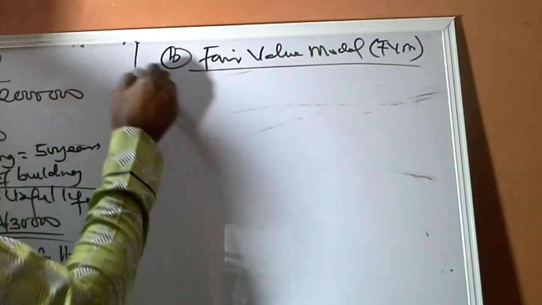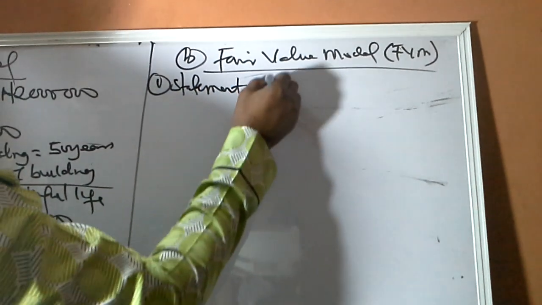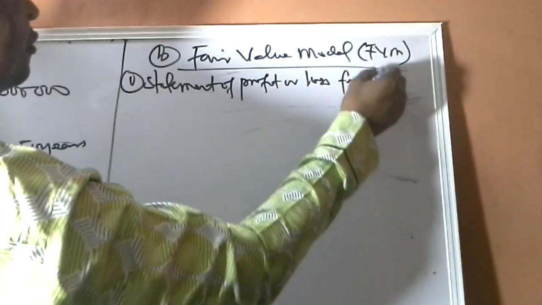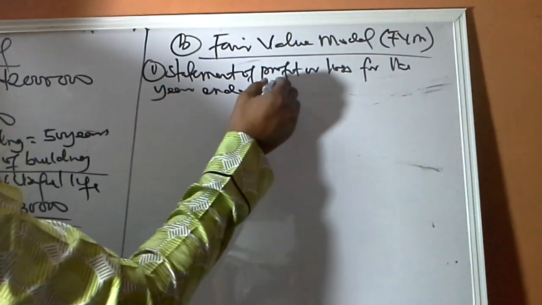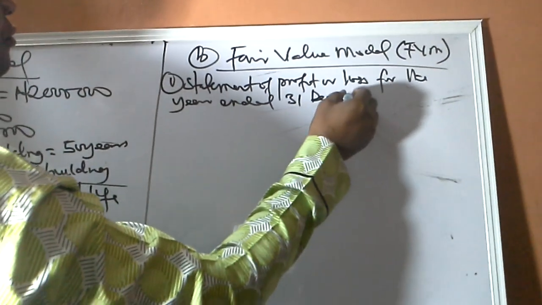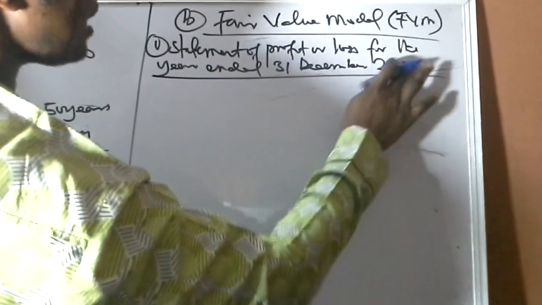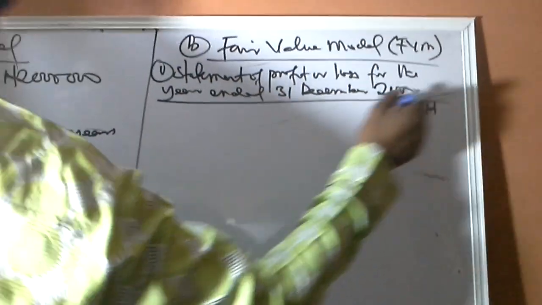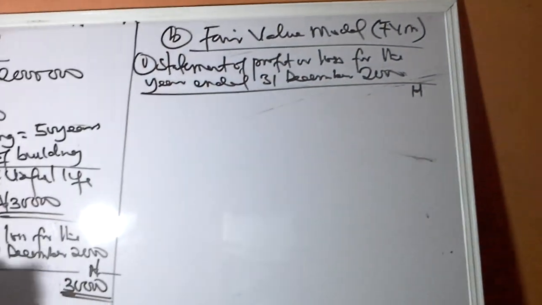So now your income statement, your statement of profit or loss for the year ended 31st December 2000 under the fair value model. Now what is the fair value?